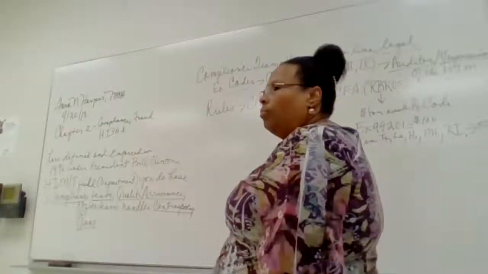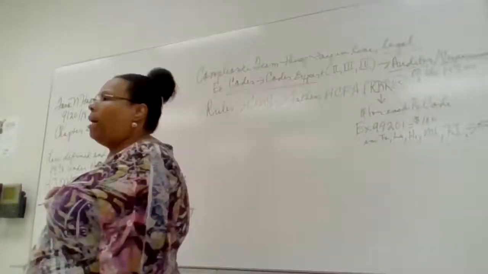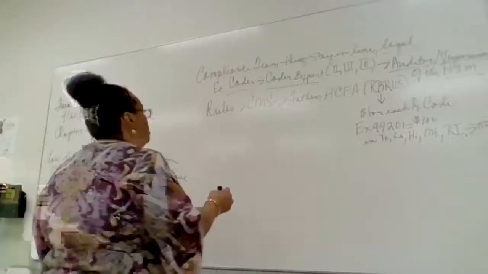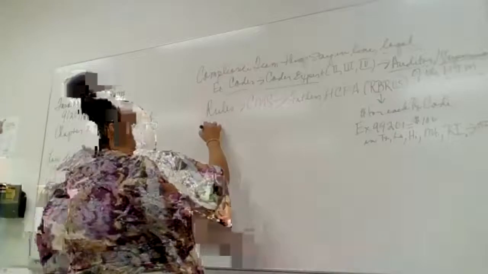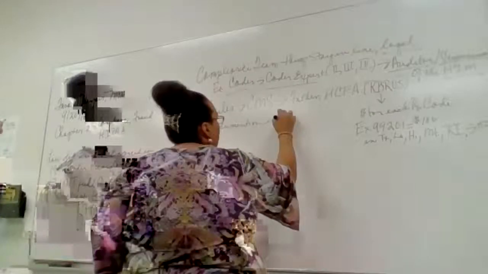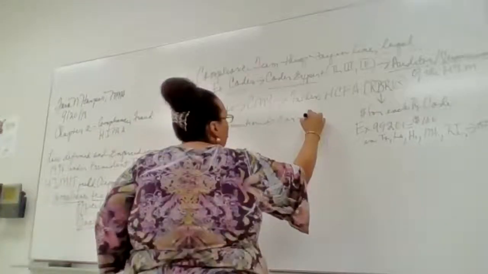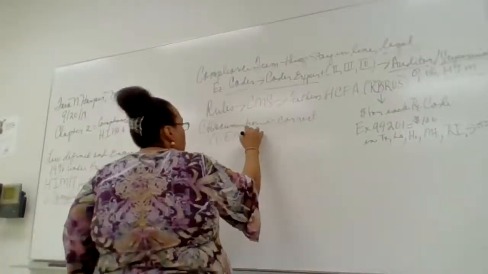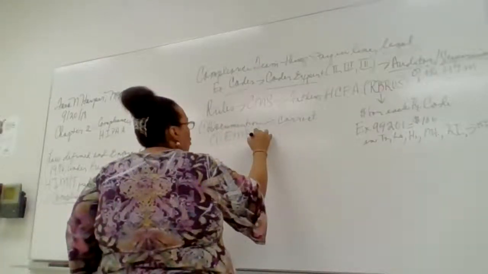So your job, Gabriel, as a coder, is to make sure that the documentation is correct. Where should it be correct, Gabriel? I'm glad you said in the electronic medical records or the electronic health records.